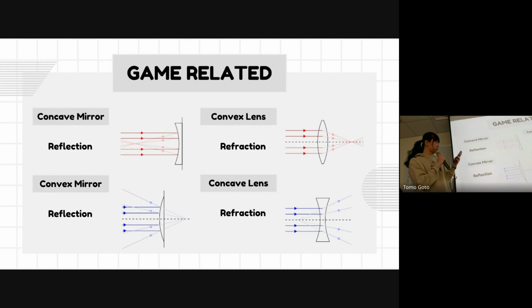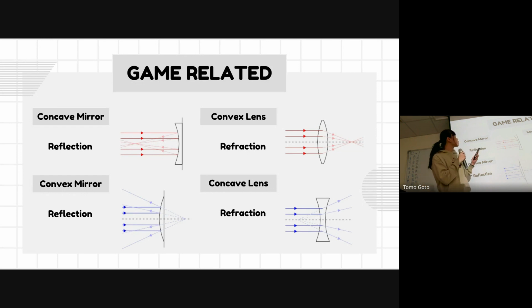It reflects light rays and scatters parallel rays of light. And the convex mirror also reflects the light rays, but it provides a wider field of view.